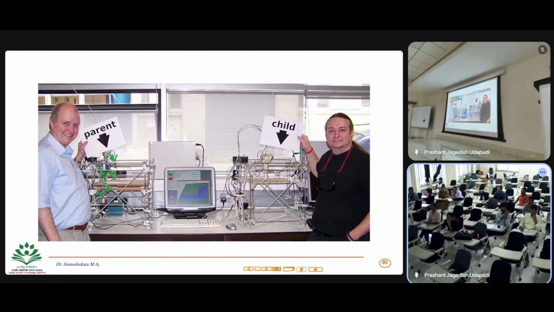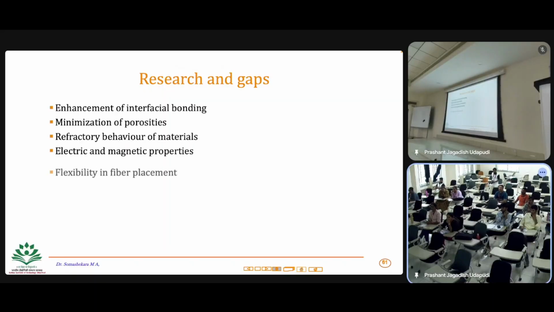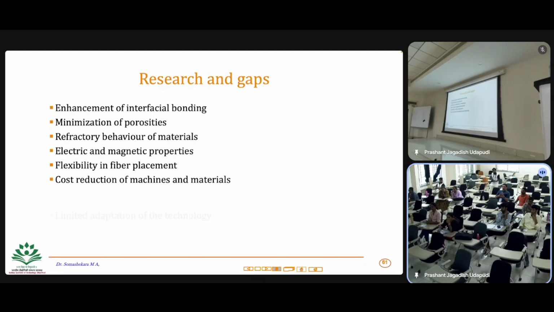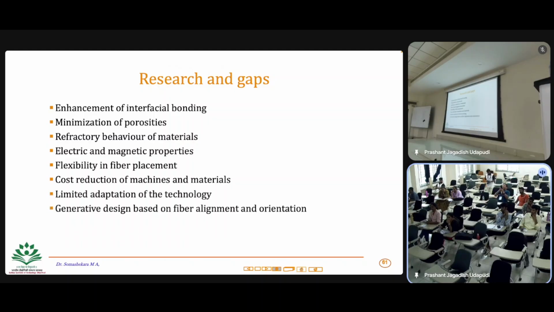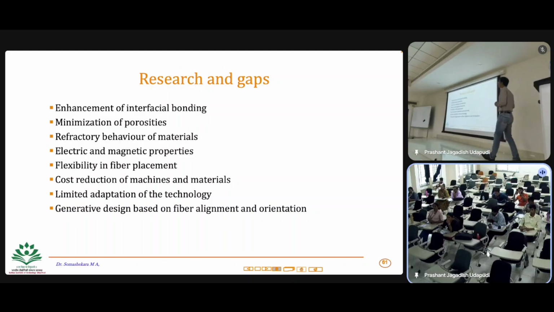Again, as a researcher, there are a lot of areas. Although the technology has traveled more than 40 years now, when it comes to research and the areas that I have listed here, a lot of work is still required to make even more usage of the technology, right?